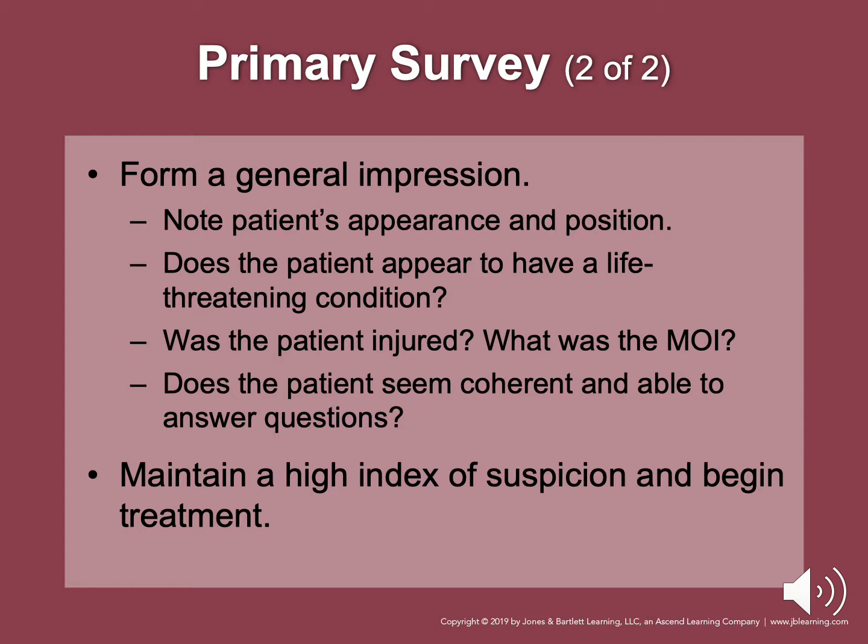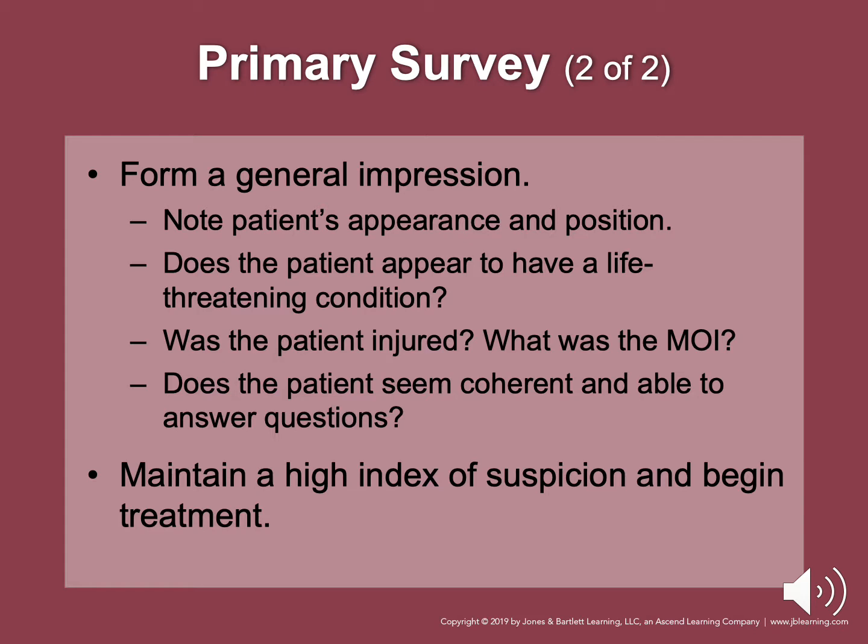However, you've got that patient lying there on the ground, supine, saying, look, we can't feel anything, and you've got a big bleeder on the lower extremities. You've got a major problem there, maybe a spinal fracture somewhere, and you've got the major bleed also. So maintain a high index of suspicion and begin your treatment by looking at mechanisms of injury. Start thinking about what all could be injured and treat your patient off of that.